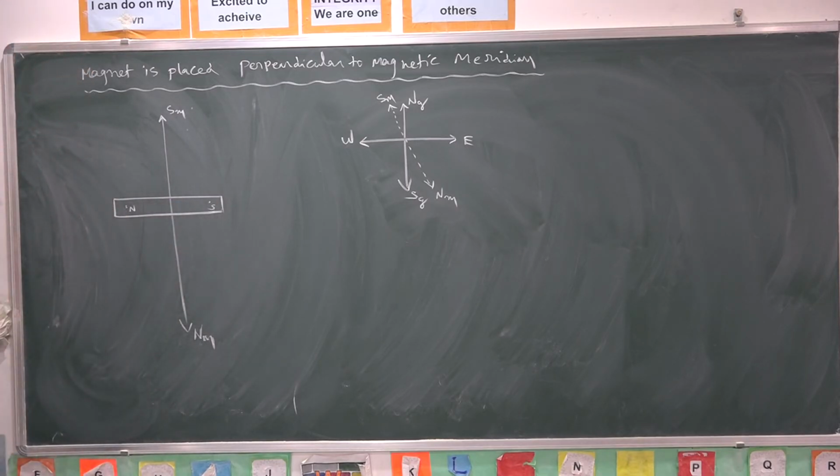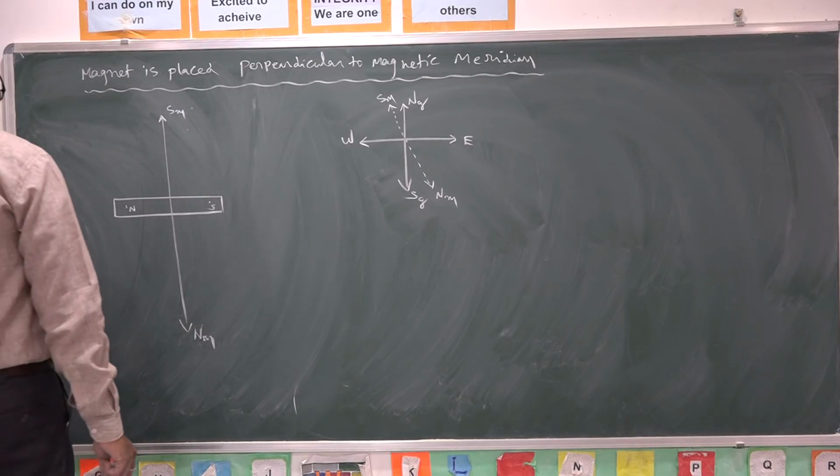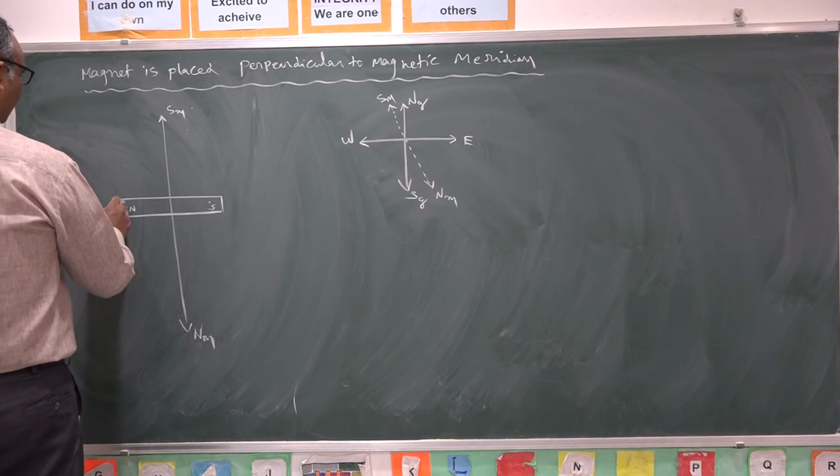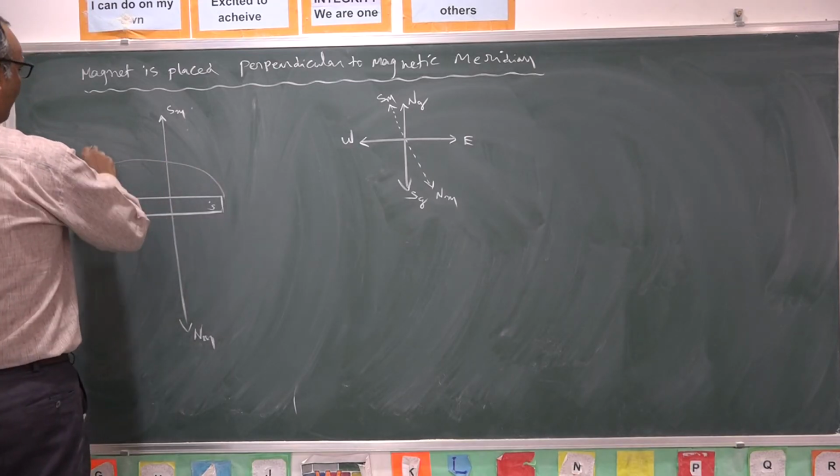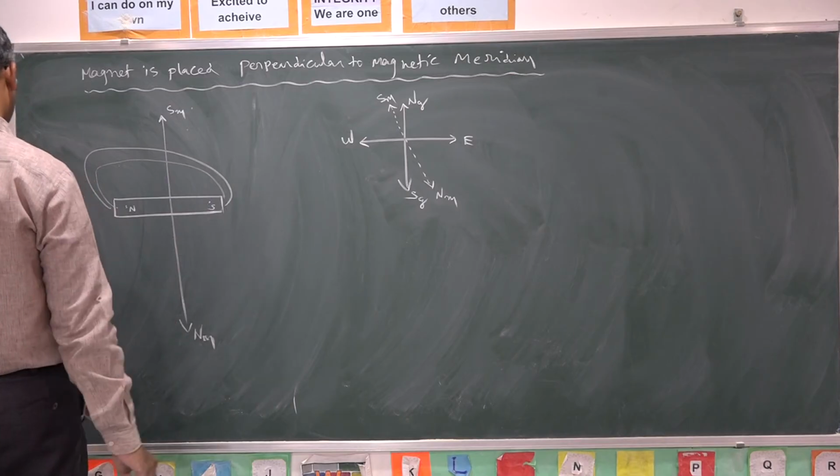What is the nature of magnetic lines of force and where is the location of null points? We need to identify. Always you know that lines of force will come out of north pole and enter into south pole. So the lines of force will find some way like this. They are coming from north, entering into south, like this.